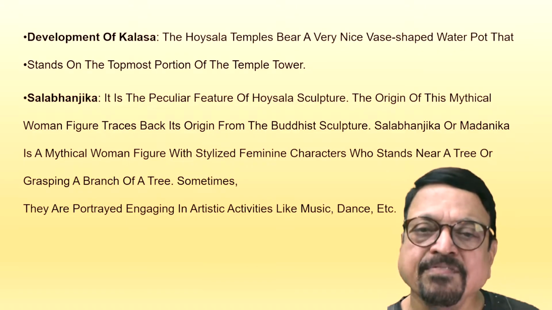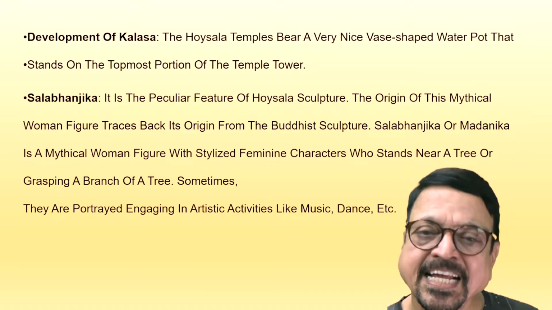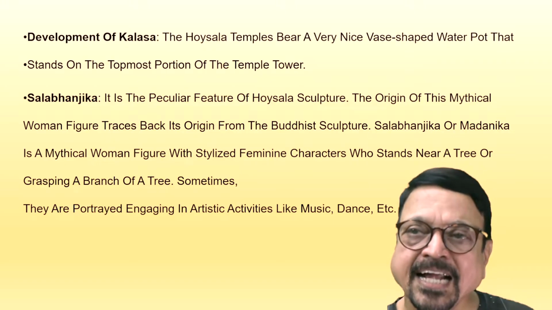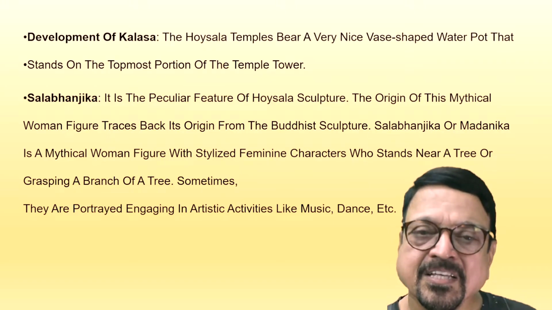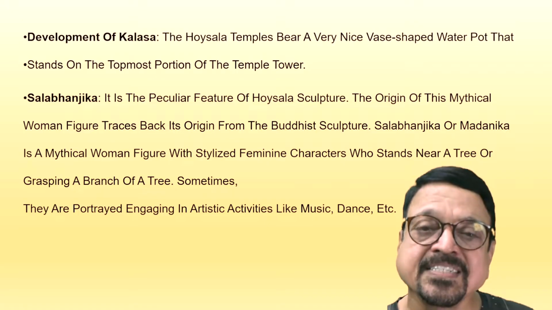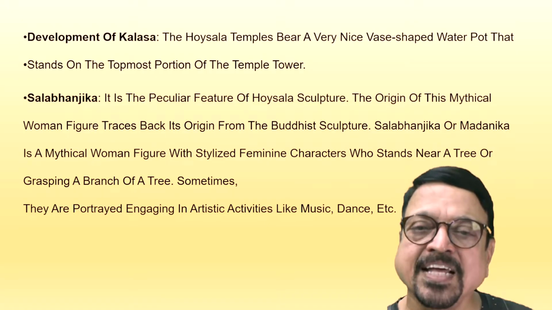Sometimes, when we see them in detail, I'll be explaining the speciality of that particular sculpture, that particular woman, how beautifully it is carved, how beautifully it is ornamented, and what it signifies. That also we are going to see in a video.